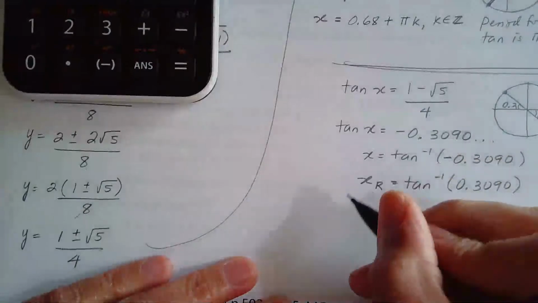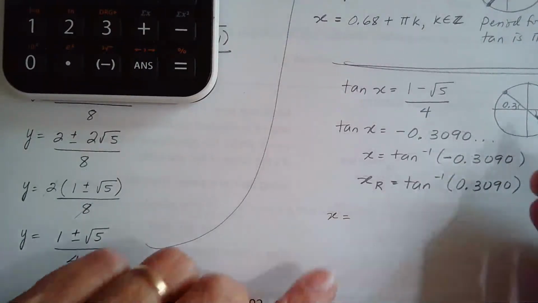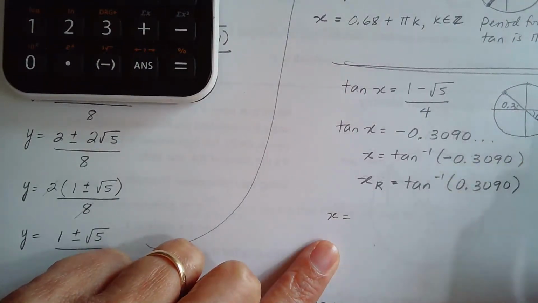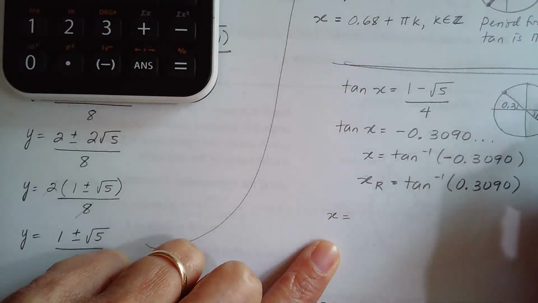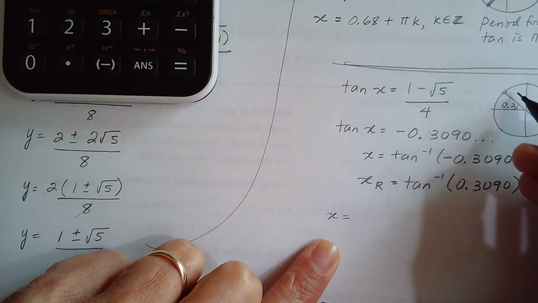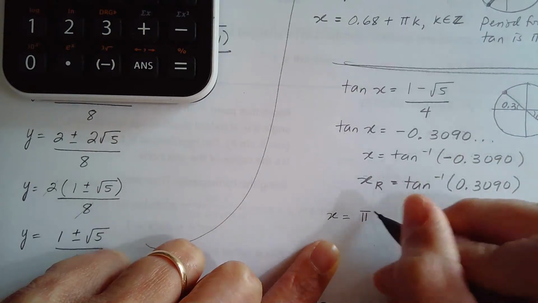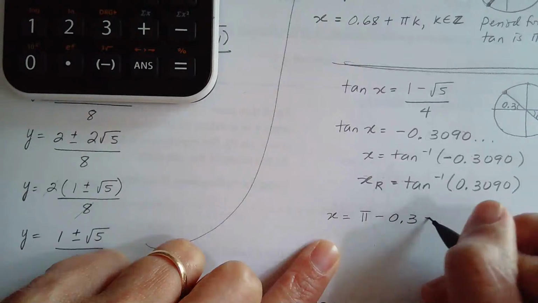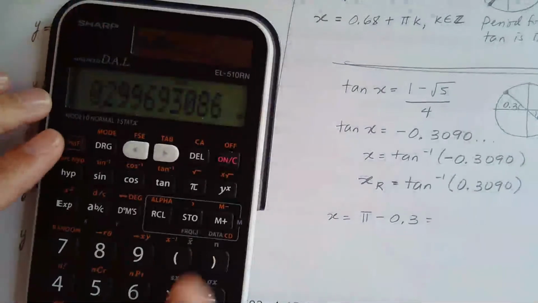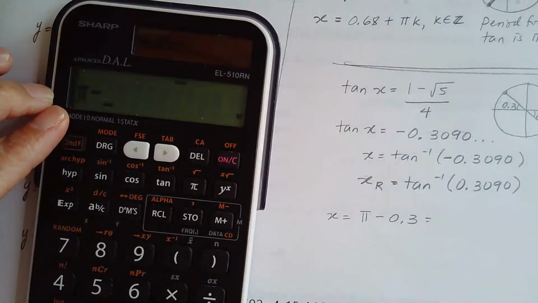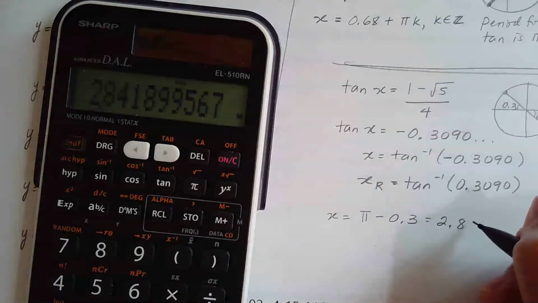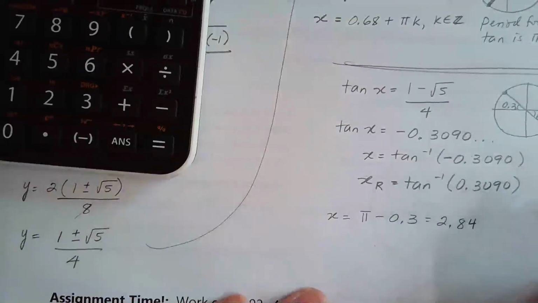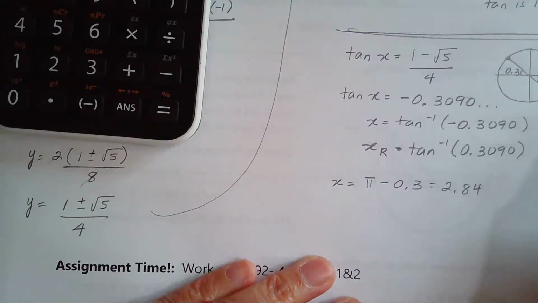So therefore, x is equal to, if we wanted to do this part in here, pi minus 0.3, it's going to be 2.84 radians.